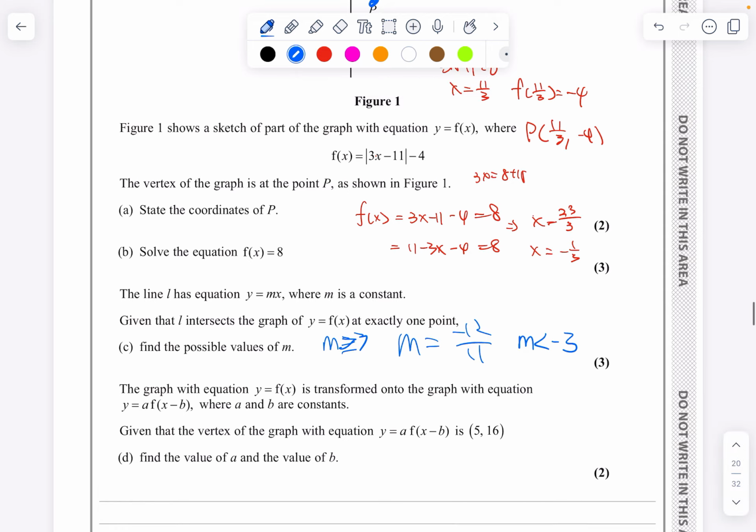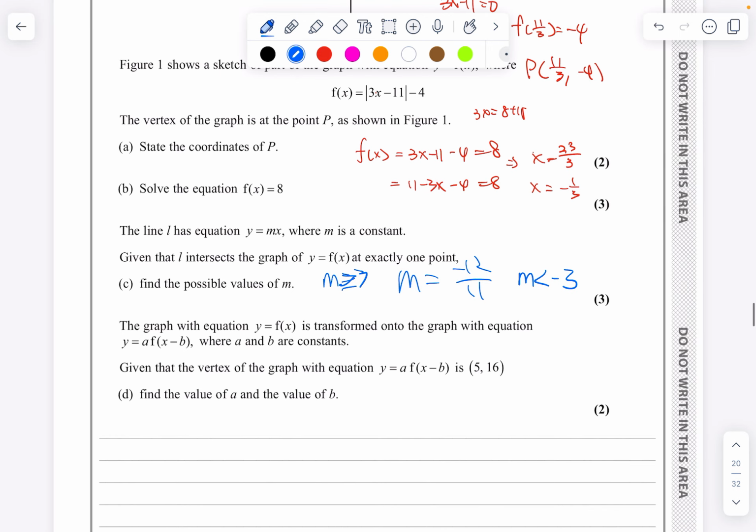That means a times f(x minus b) would equal a times 3x minus b minus 11 minus 4, like this, okay?